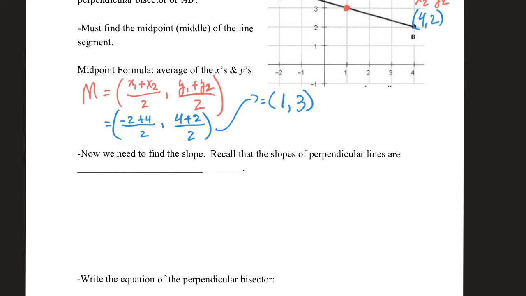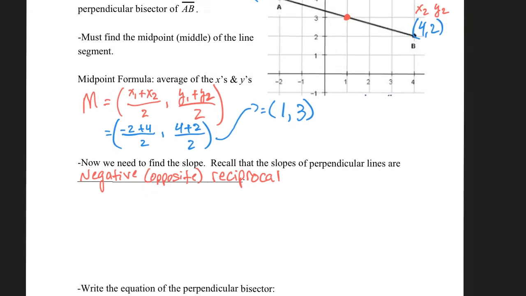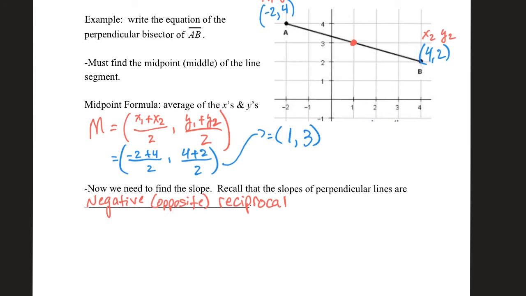That's the point that our perpendicular bisector needs to pass through. Now we just need to find the slope, and we need to recall that slopes of perpendicular lines have negative or opposite reciprocal slopes. So all we need to do is perform our slope formula on our line segment AB.